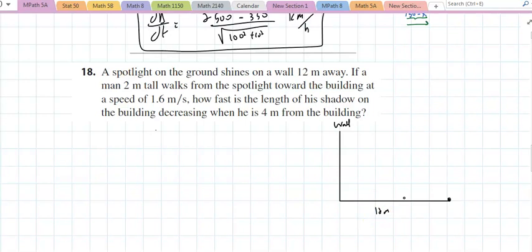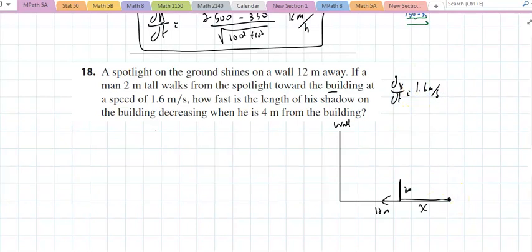If a man 2 meters tall walks from the spotlight towards the building at a rate of 1.6 meters per second. Well, let's say this is x. Then we know that dx/dt is 1.6 meters per second. How fast is the shadow?